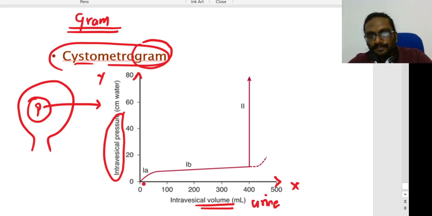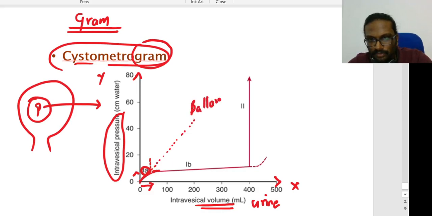See what happens. Initially, when the urine is suddenly getting filled, you can see the pressure also starts increasing. This is the first phase, phase 1A. But suddenly what you find after this phase is that the pressure which we would normally see in a balloon will go like this.